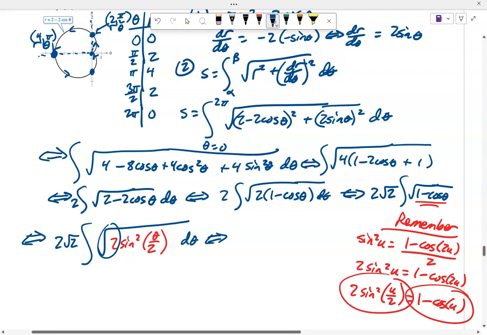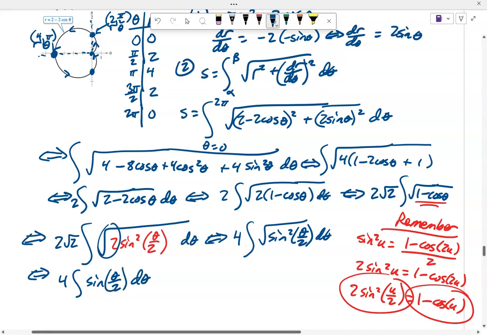Now I've got 2 root 2 times another root 2, it's 2 times 2, or 4. And I get the square root of sine squared theta over 2 d theta, which is sine of theta over 2 d theta.